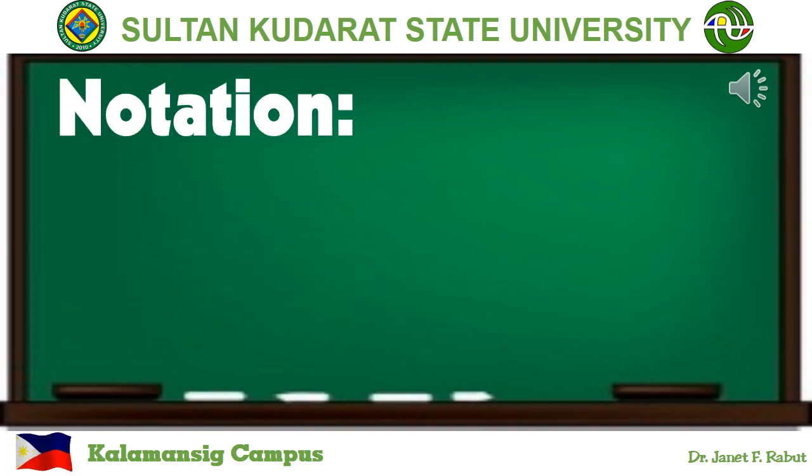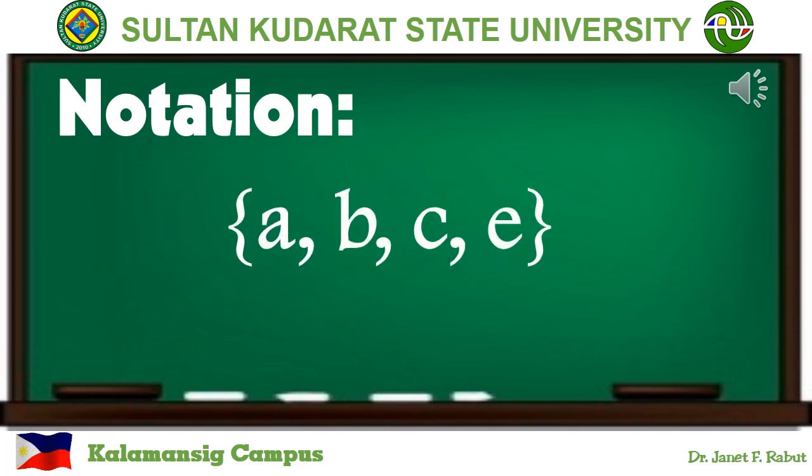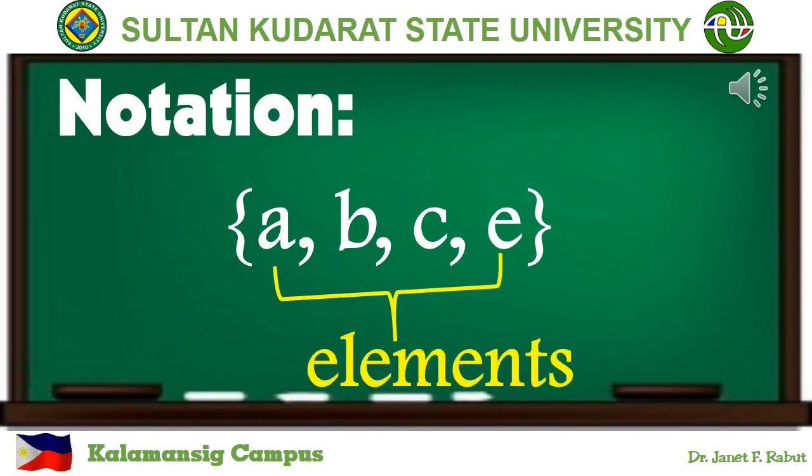There is a fairly simple notation for sets. We simply list each element or member separated by commas, and then put curly brackets around the whole thing. So here, A, B, C, and E are called the elements. As you can see, there is no repetition among the elements, so each element in that set is distinct.